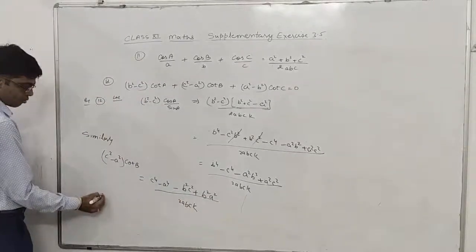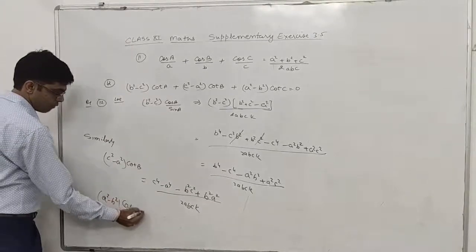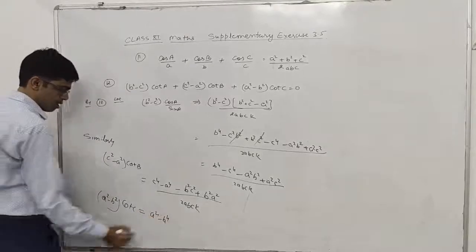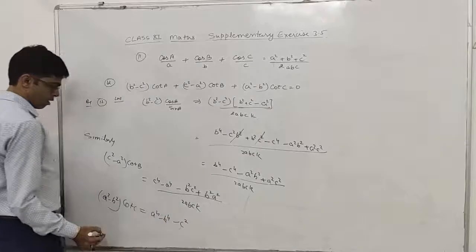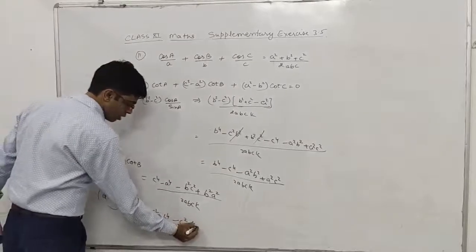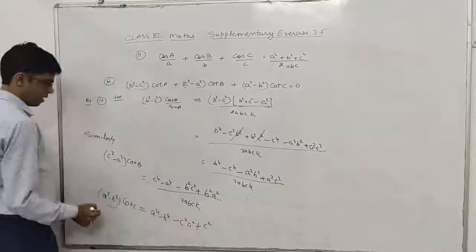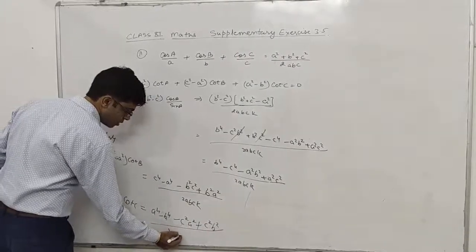Similarly a square minus b square times cot c will be a to power 4 minus b to power 4, minus the term not present which is c square, and a square plus c square multiplied by b square, upon 2abck.